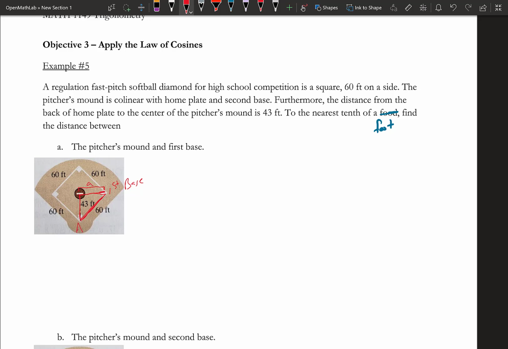So that means this is angle A. And then I'll let this be angle B, so this is little b. And this is capital C, which means this is little c. In other words, let a equal the distance between the pitcher's mound and first base.